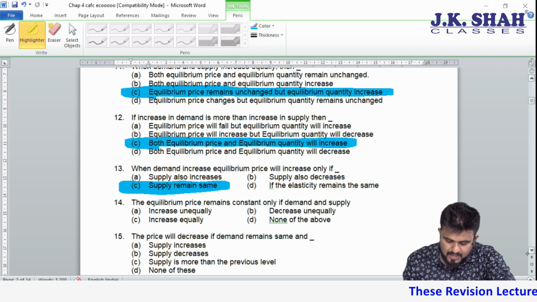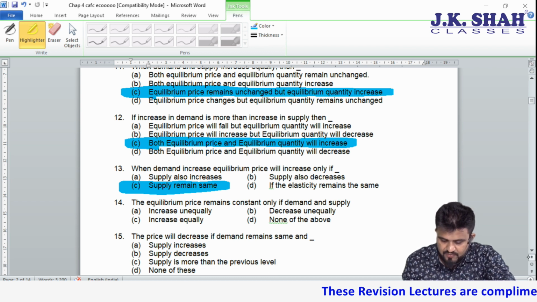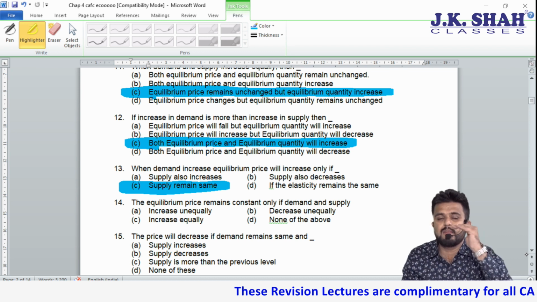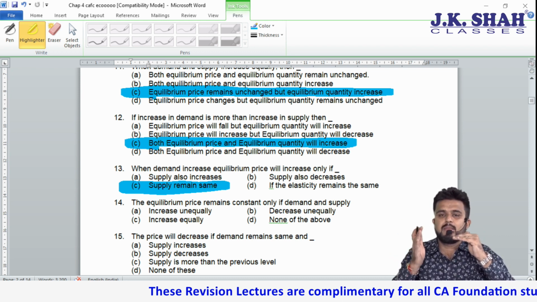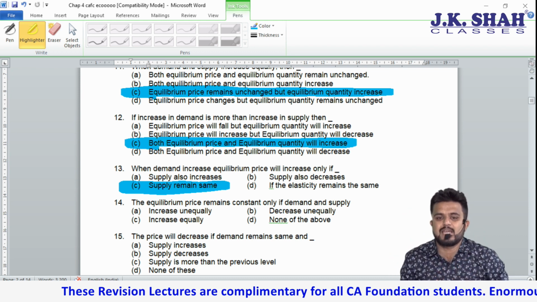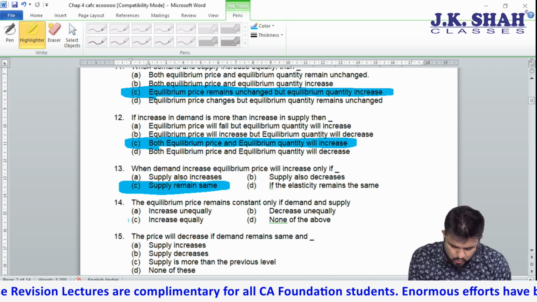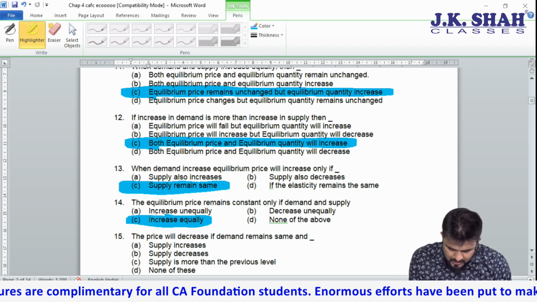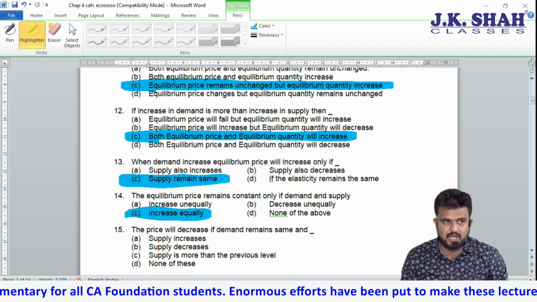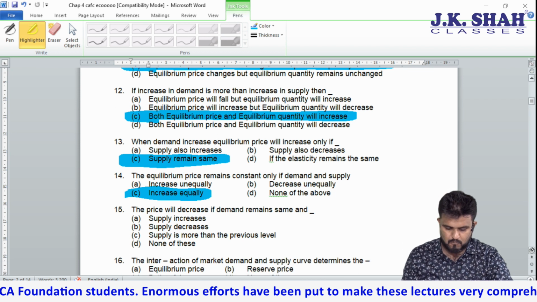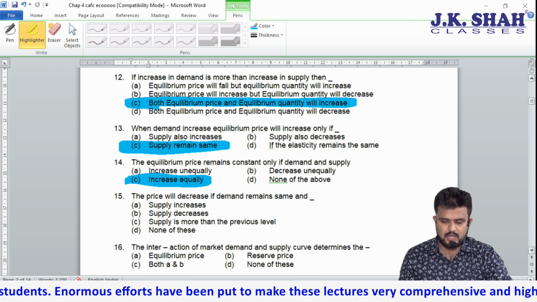The equilibrium price remains constant only if demand and supply. When will equilibrium price be the same? When demand and supply are the same. So they should increase equally. For 14, answer is C. Coming to 15th now.